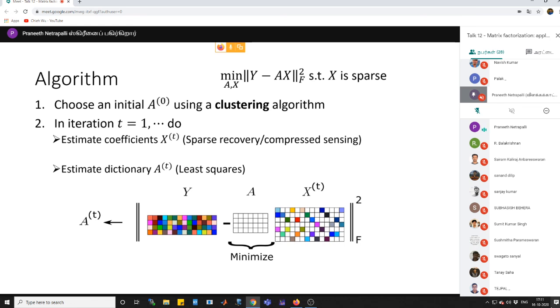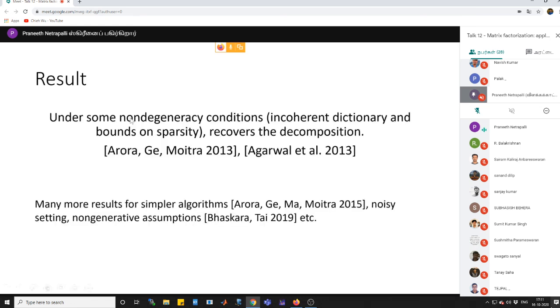And the result is that under some non-degeneracy conditions, in particular an incoherent dictionary and bounds on sparsity, this can actually recover the underlying decomposition. Okay. There are many more results for slightly simpler versions of the algorithms in the papers by Arora, Ge, Ma, Moitra, and also in the noisy setting, also with non-generative assumptions.